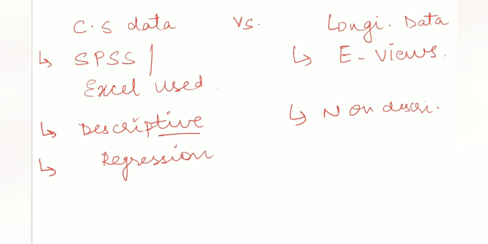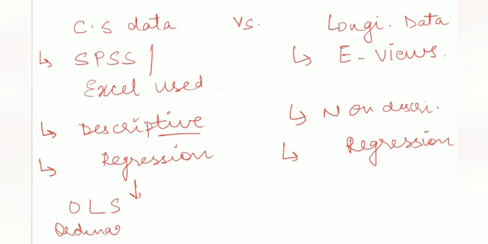Now there are many kinds of regression. Here also regression. So it is very important to understand which method of regression is used where. So here OLS, ordinary least squares. Which regression here? Panel regression.